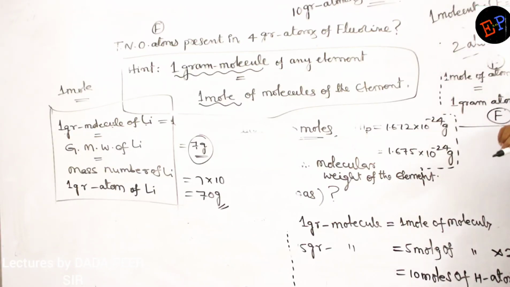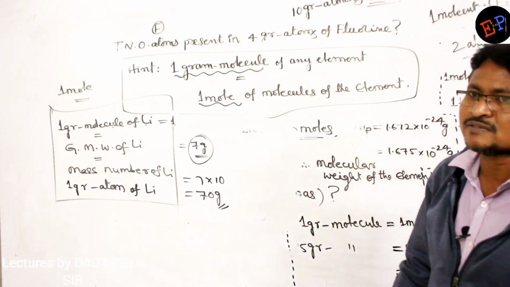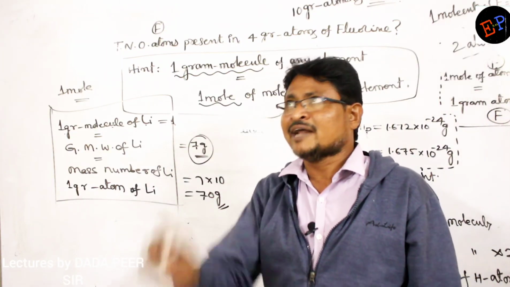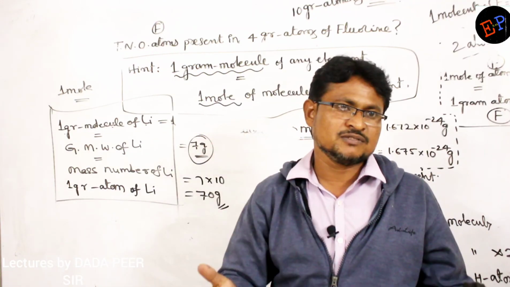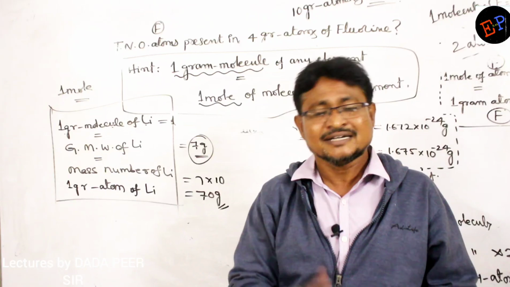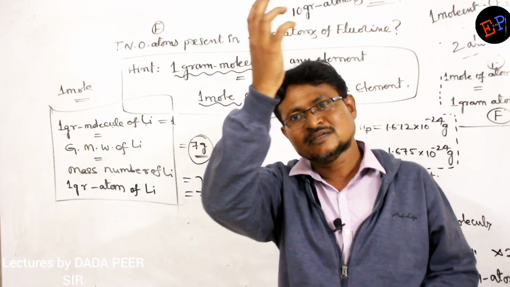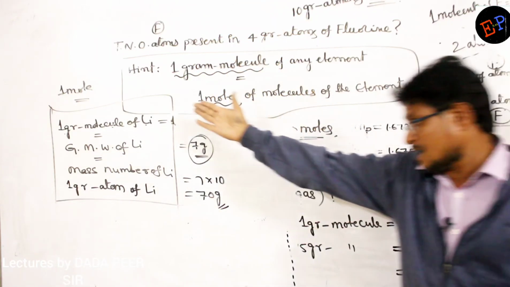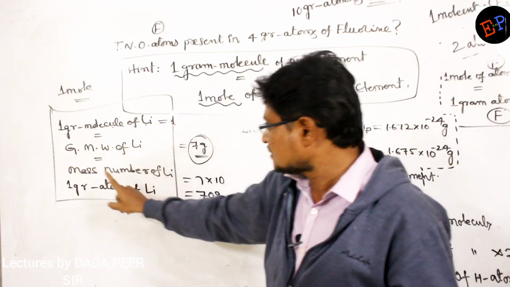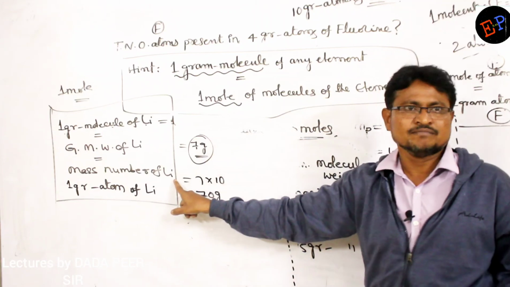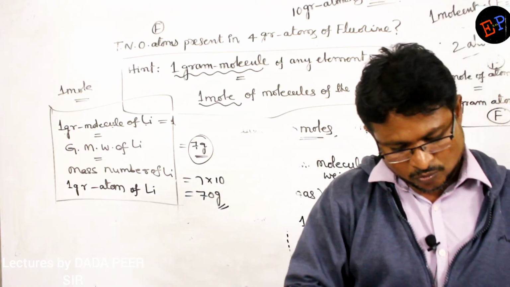If it is phosphorus, 1 gram molecule of phosphorus is equal to 4 gram atoms of phosphorus. That is based on atomicity. That is the connection between atomicity, mole concept, gram molecule, gram atom, gram molecular weight, and mass number. Hope you have understood.